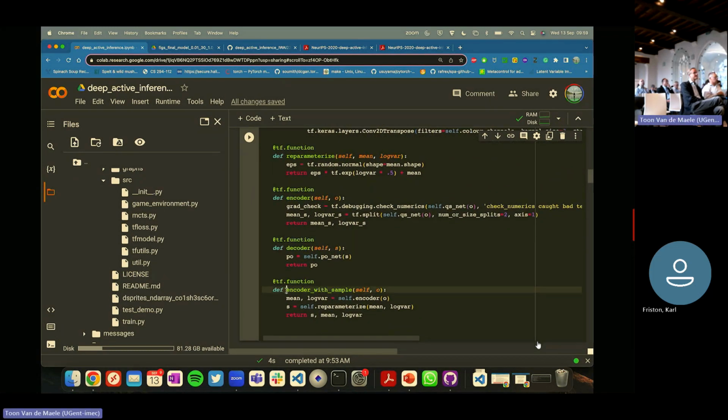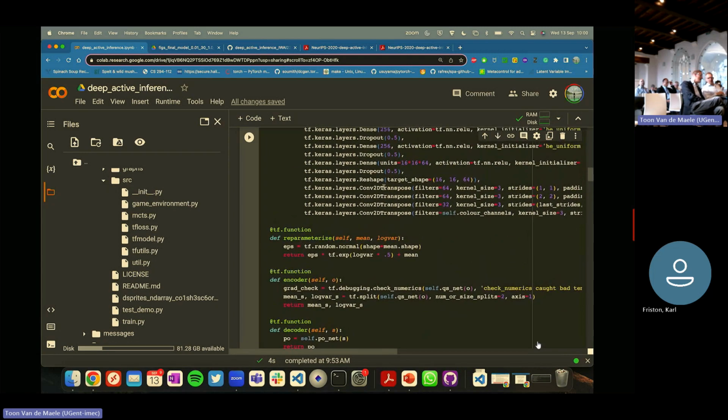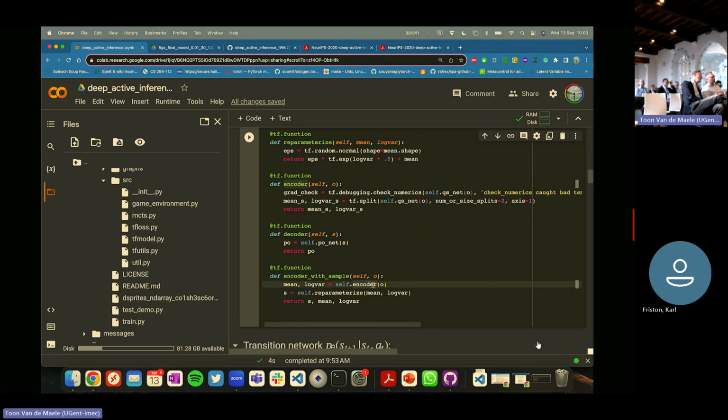The standard variational autoencoder would use the encoder as a sample. We're using the reparameterization trick to get the sample from your posterior. The reparameterization trick is taking the exponential of the log variance that you calculate, which is the encoder output.